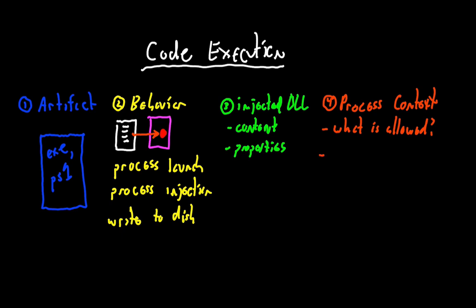Your process context also determines detection threshold. Some processes are heavily abused, or some process contexts, and therefore subject to more aggressive detection heuristics than other process contexts. In practice, you'll see this with memory-injected DLLs.